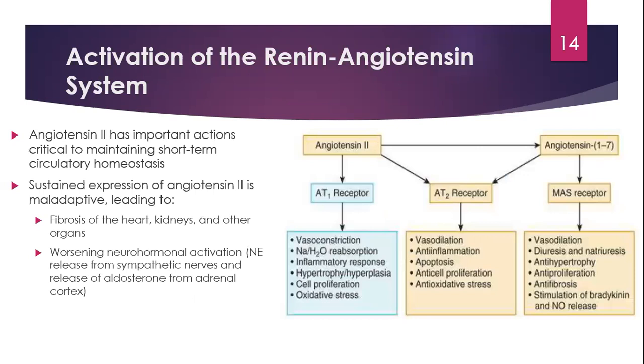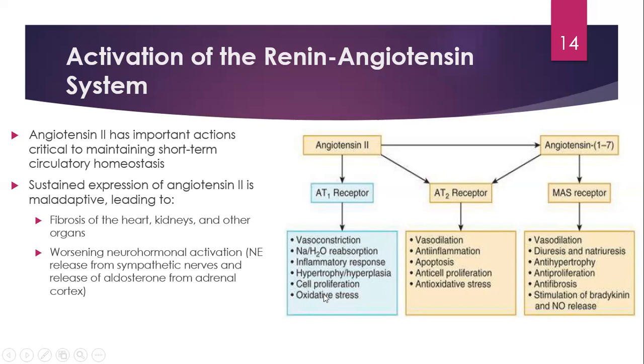All right, so this schematic just shows the effects of angiotensin 2. When it acts on the AT1 receptor, that's when it produces the bad effects that we don't want in heart failure. So vasoconstriction, sodium and water reabsorption, inflammatory response, hypertrophy and hyperplasia, cell proliferation, as well as oxidative stress.